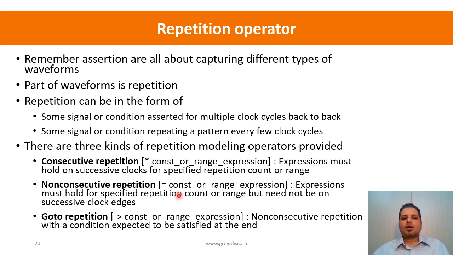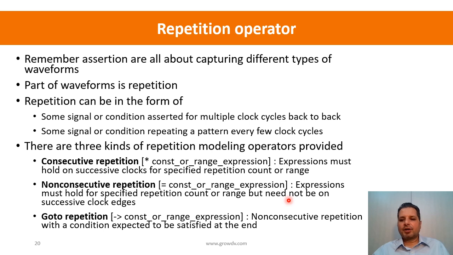And then you have a non-consecutive repetition, which is represented by the square bracket and then equal to, and then you provide either a constant or a range expression, the way we have used it with the delay operator. Here the difference compared to consecutive repetition is that the expression must hold for the specified count or range, but it need not be on successive clock edges.